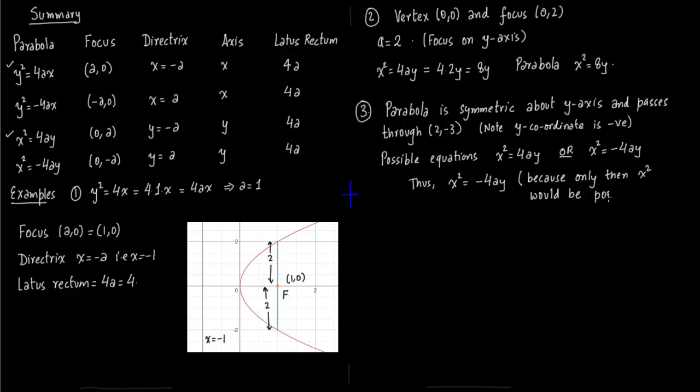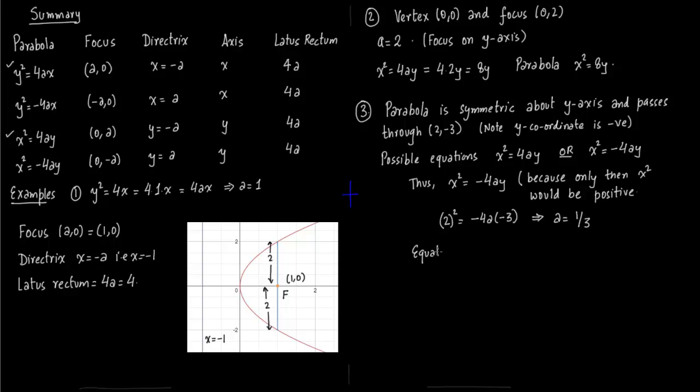You see, the negative sign in front of 4 will cancel out with the negative sign of the y coordinate. So you plug in the values. 2 square would be equal to -4 times a times -3. So this would immediately imply a equals to 1/3, as 4 cancels out from both sides.